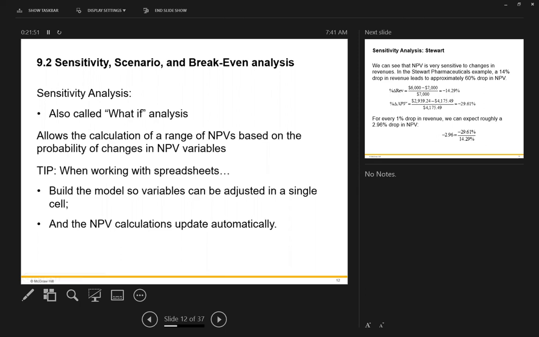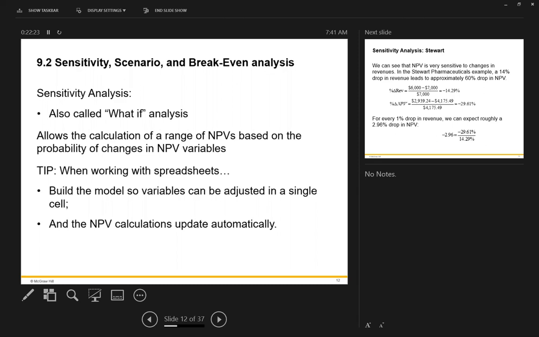Here's another, sensitivity analysis. We call this what if. It allows the calculation of a range of NPVs based on the probability of changes in NPV variables. So we usually use spreadsheets for this. And we would create models within our spreadsheets for these different variables changing.